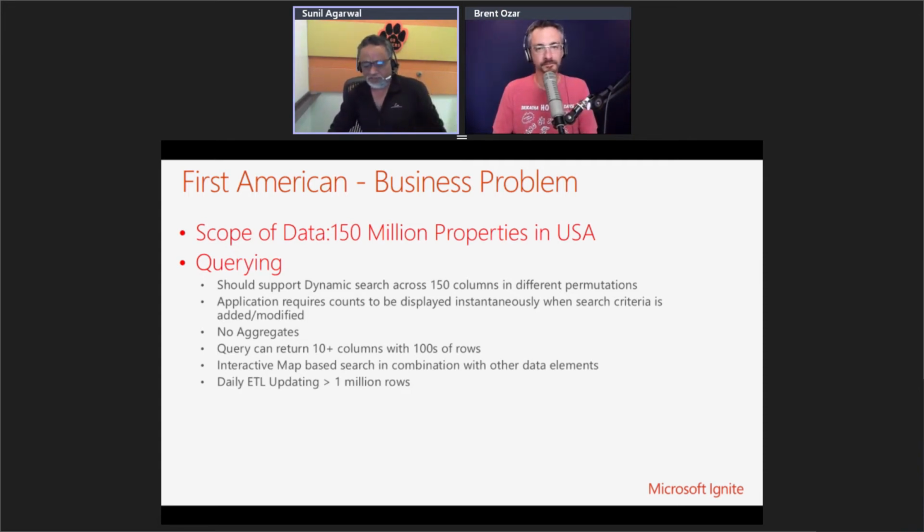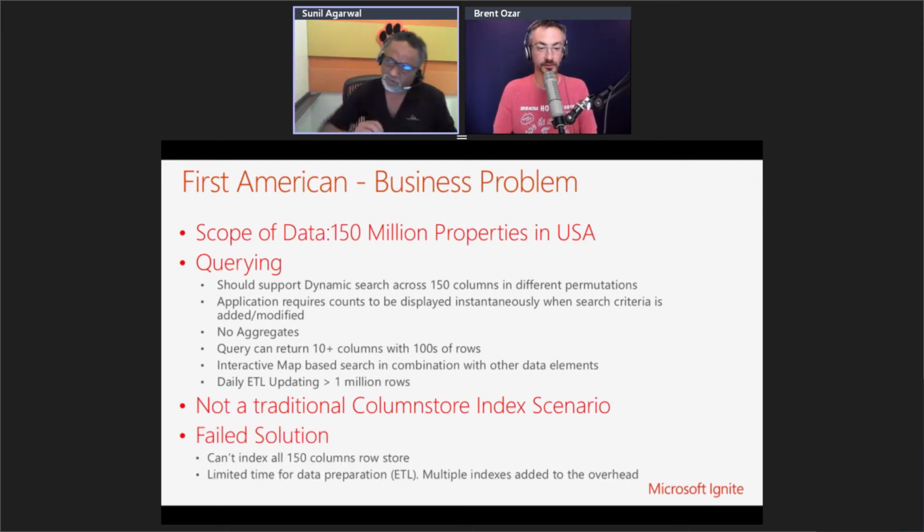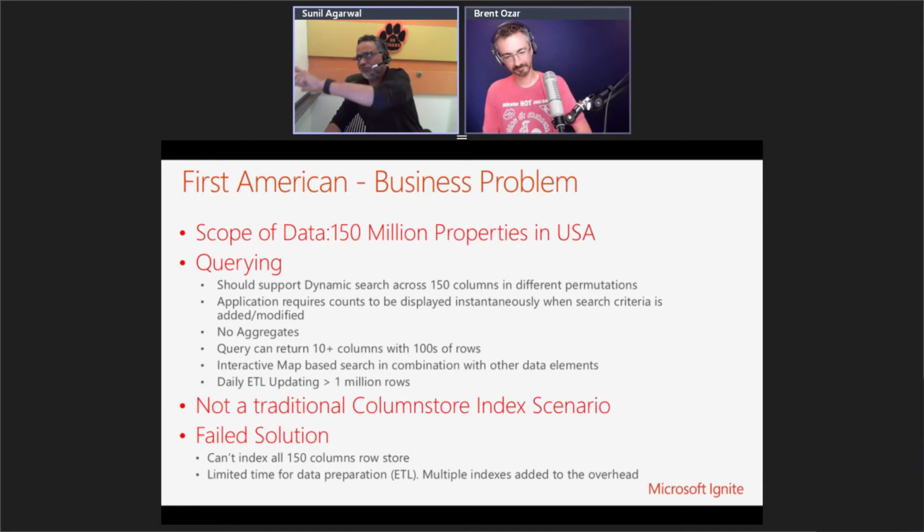So we were not thinking of Columnstore. They said, well, this is not a Columnstore scenario. What they did was they asked, what are the common queries people run? Top queries are on about 20 attributes of the properties, like the square footage.